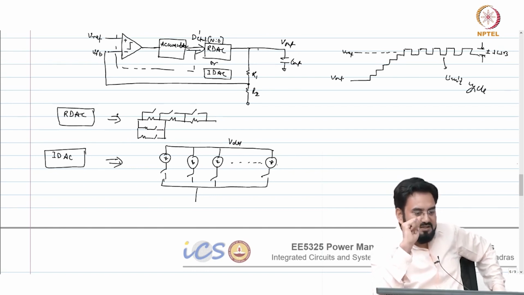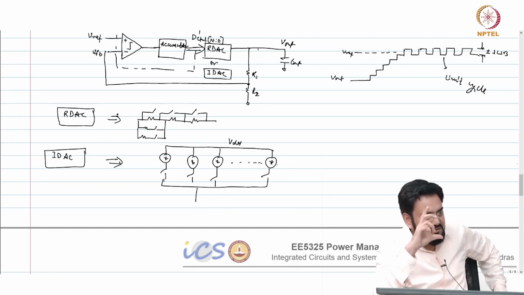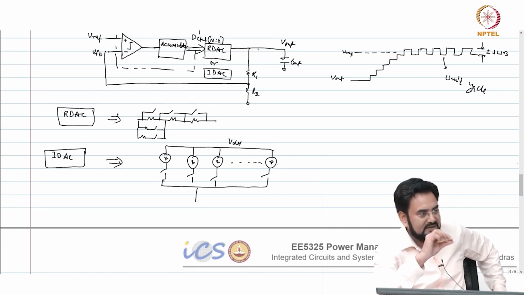Okay, which means a 1 LSB change in the code or in your DAC should not make more than 1 LSB change in the output, the delta V whatever it is. Okay, it should be less than that.